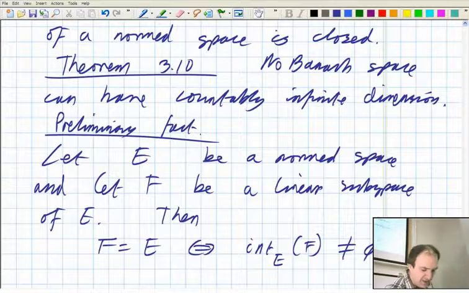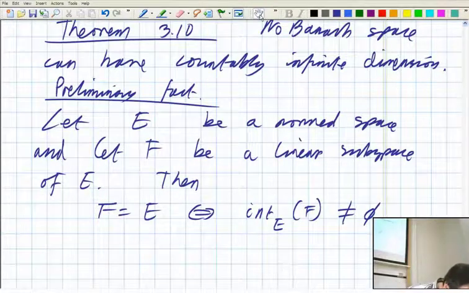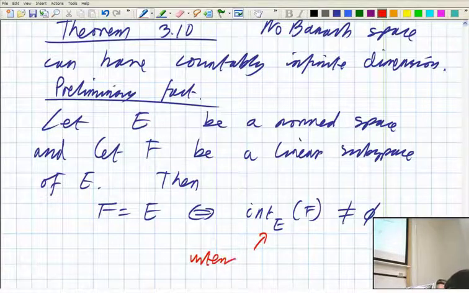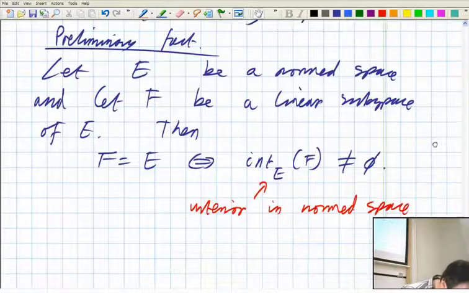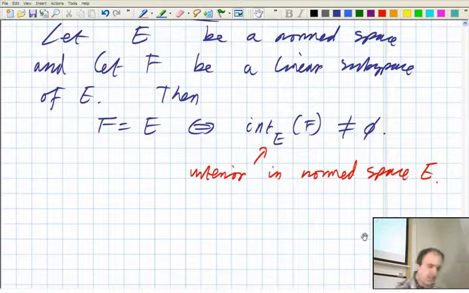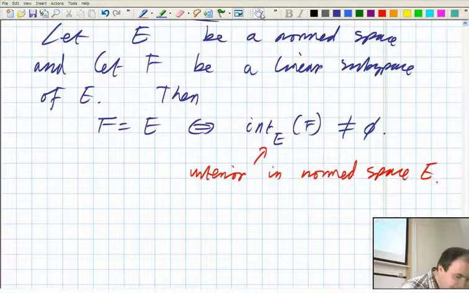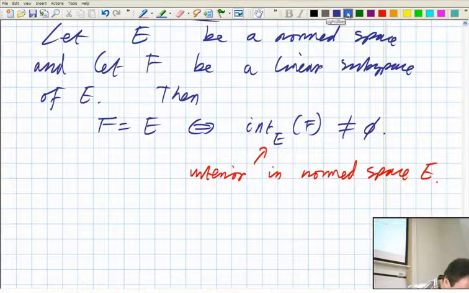That int_E just means I'm taking the interior in the normed space E. And this is an easy exercise, for which I'll give you a hint.